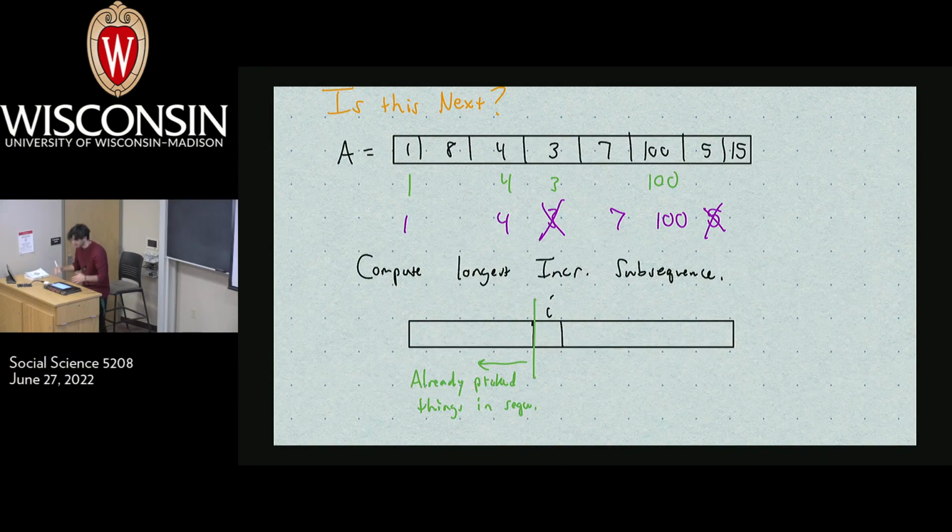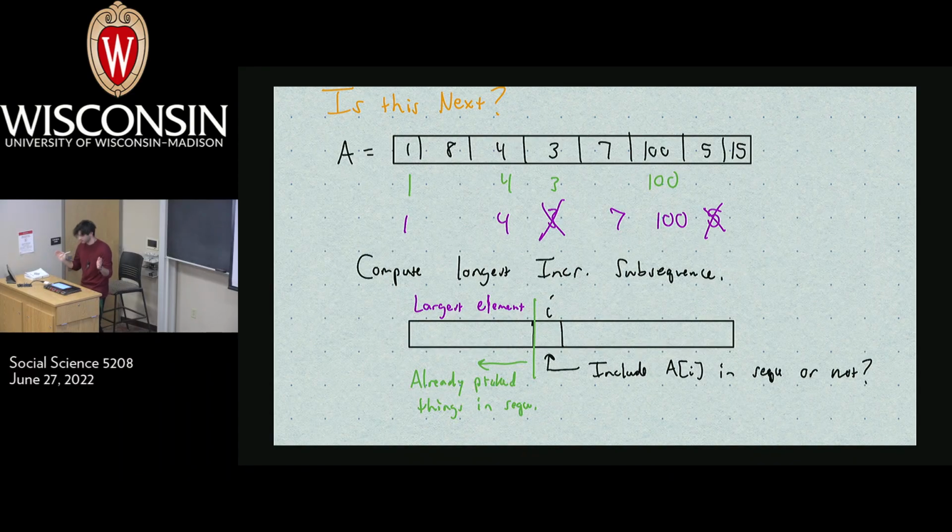And now our goal is to decide, do we include I in our solution sequence or not? That's the question we're asking. Now, if you recall, you need to remember something about the partial solutions. You can't just pretend they never happened. So the main thing you need to remember is the largest element that you've already chosen.